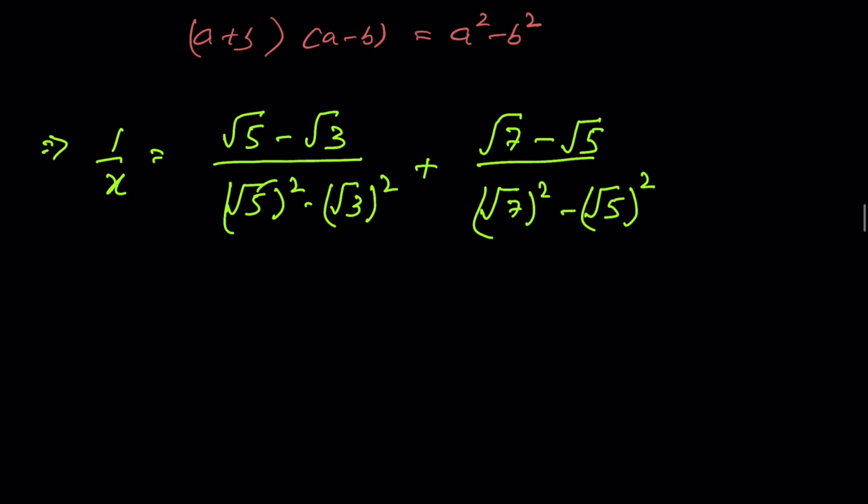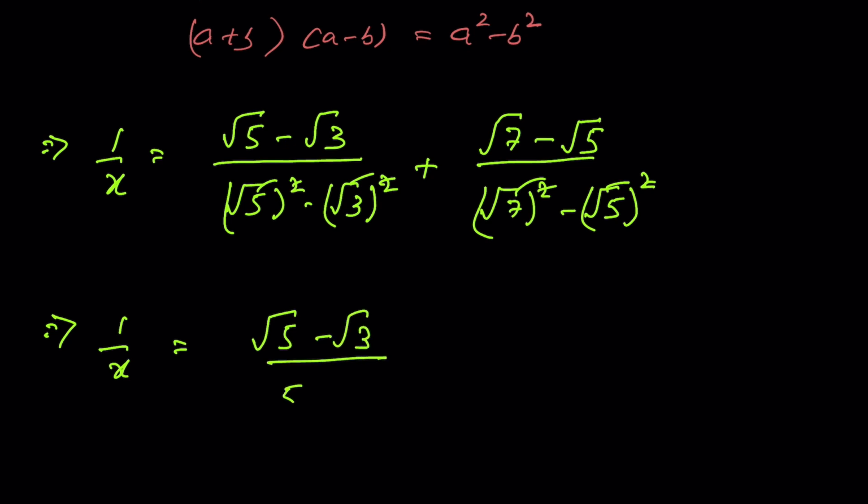Now remove the square root with this square. So 1 upon x equals square root of 5 minus square root of 3 upon 5 minus 3, plus square root of 7 minus square root of 5 upon 7 minus 5.